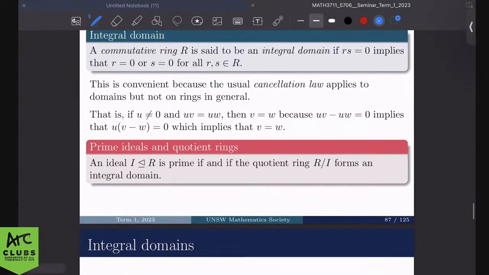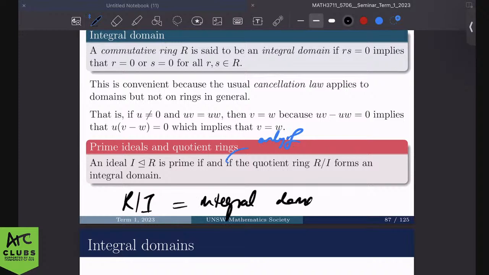And so what's interesting is an ideal is prime if and only if the quotient ring R quotiented over I is an integral domain. And you can see why a prime ideal is a superset of maximal ideals, right?